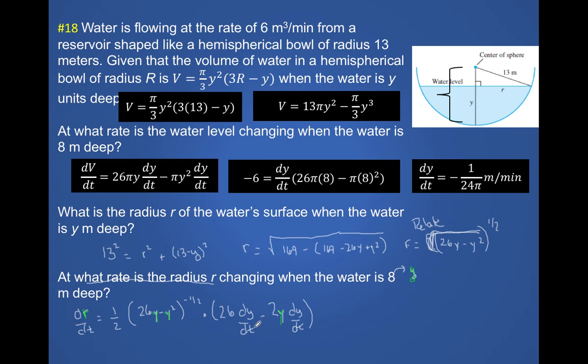Oh no, that leaves me though with dy/dt here and dy/dt here. That's another unknown. Or is it? Wait a second.